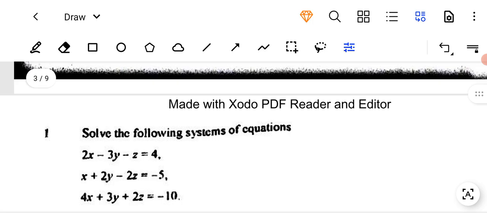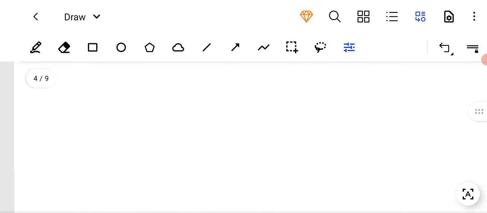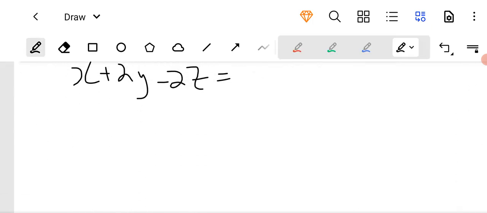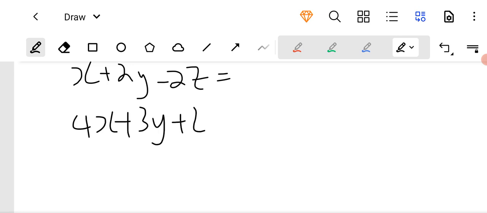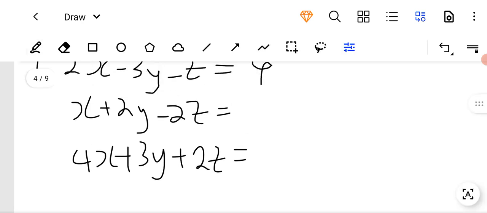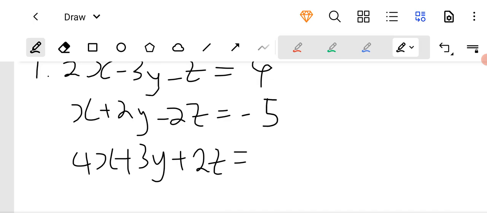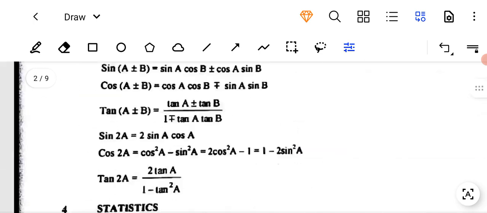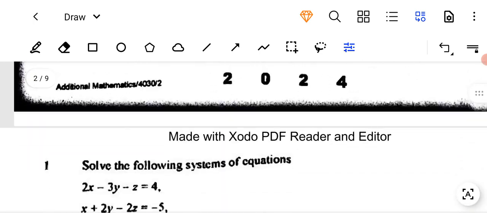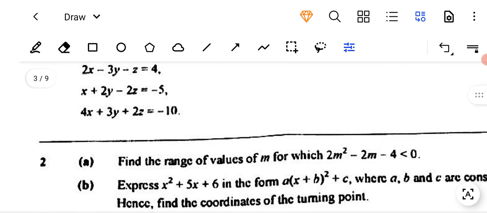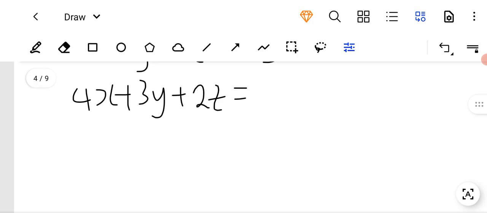Then we'll have 4x plus 3y plus 2z is equal to negative 10.